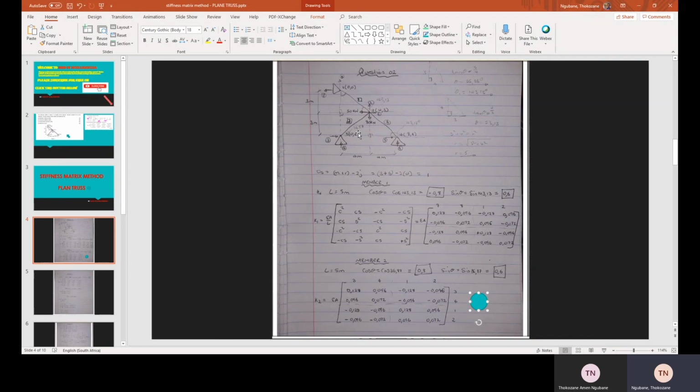For member 2 we have the angle of 36.87. Then cos 36.87 is 0.8 here, and sine 36.87 is equal to 0.6. And then we have the same formula to calculate K2, which is cos squared, which is 0.8 squared times EA over 5.